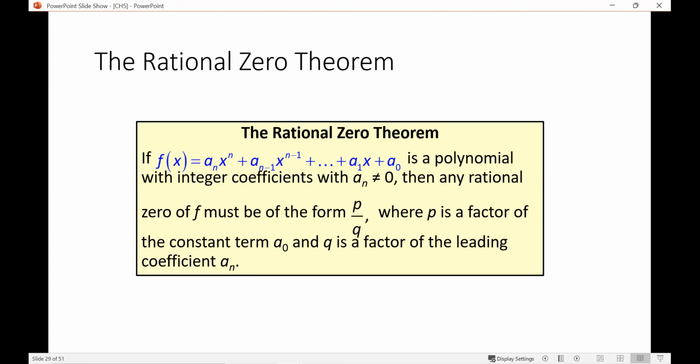So this is really helpful for telling us what our rational zeros can be. Keep in mind that we could still have irrational zeros, or we could have imaginary zeros with imaginary numbers.